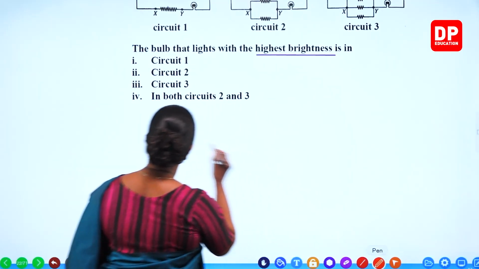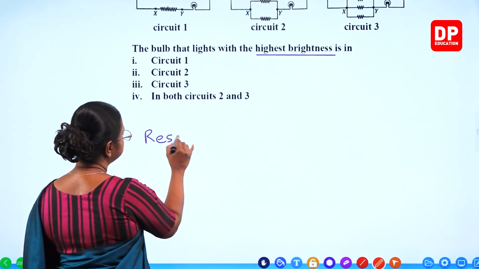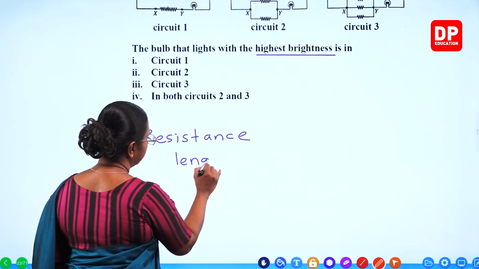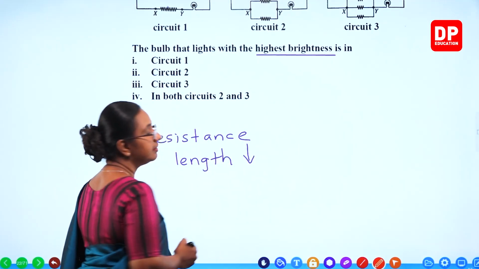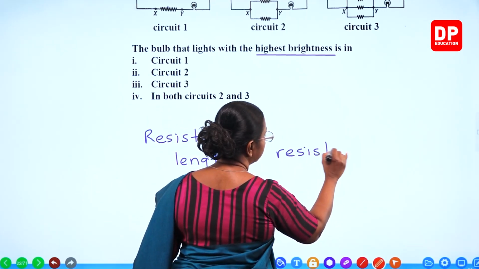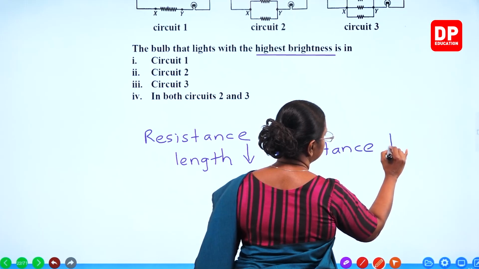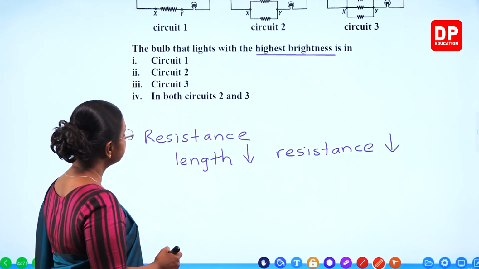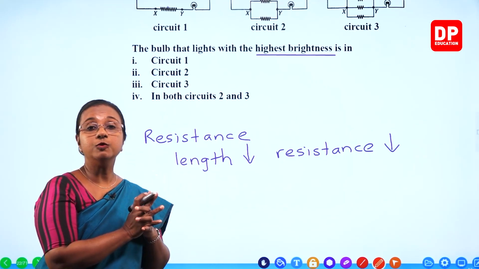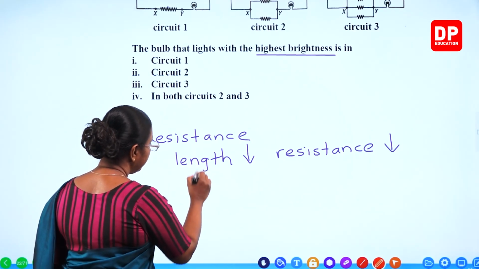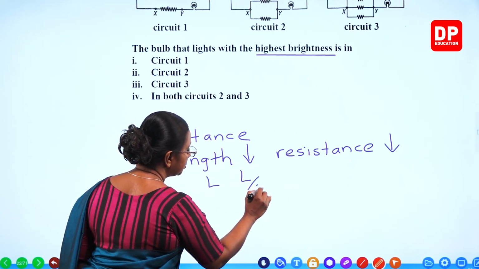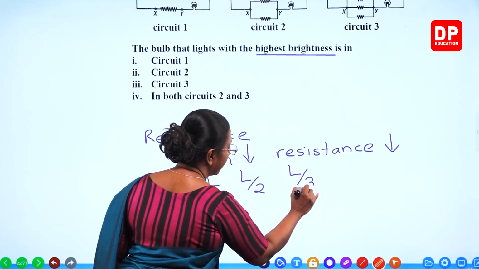Now you know resistance depends on length. What happens when the length decreases? Resistance also decreases. So in the first circuit, it is the full length. Then we divide it into half. So if the length is L, then we have L by 2, then we have L by 3.